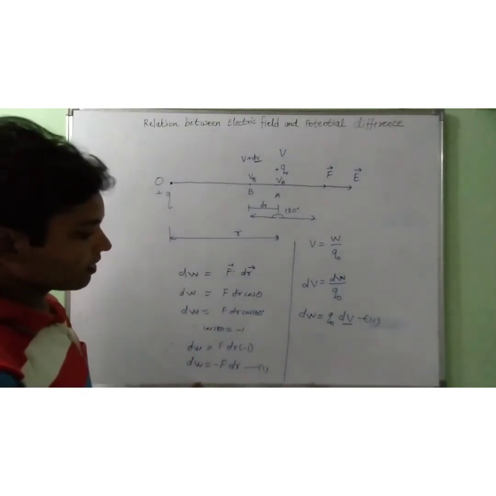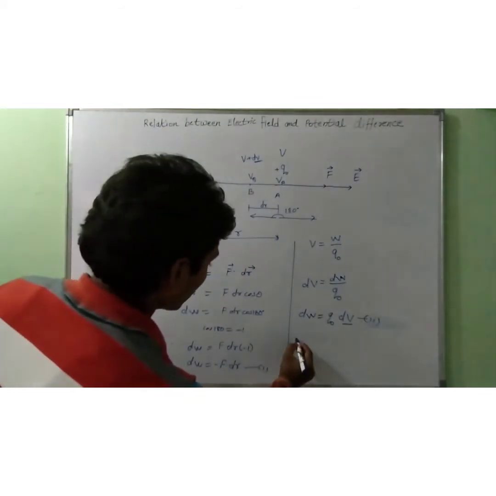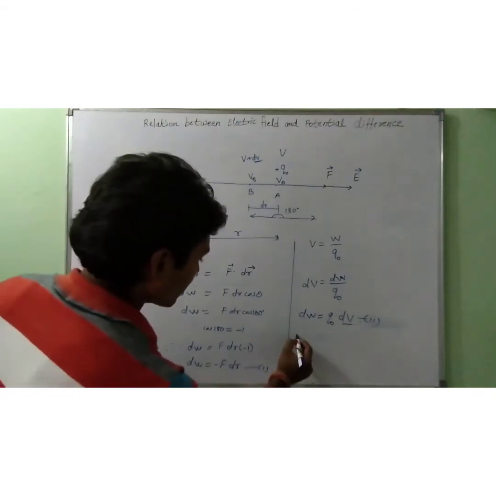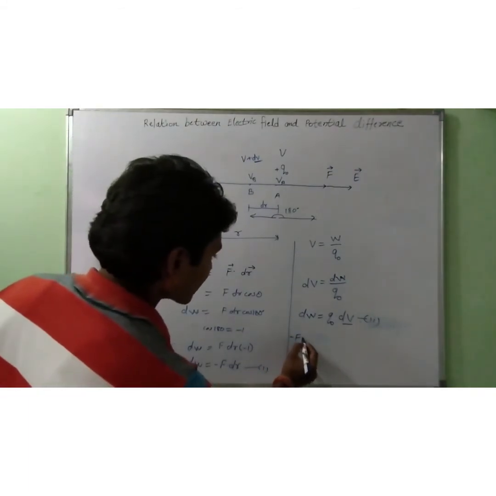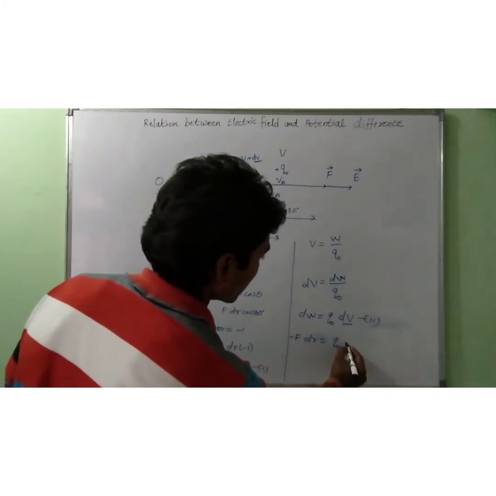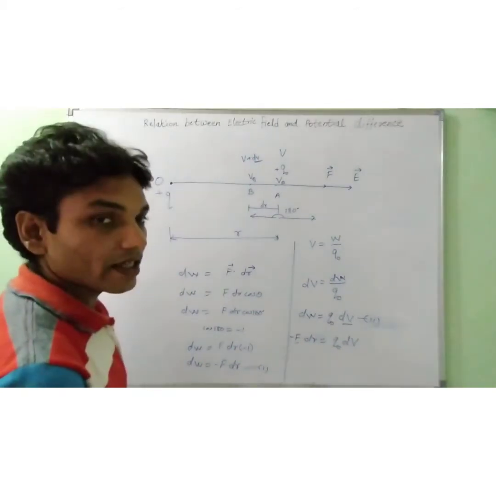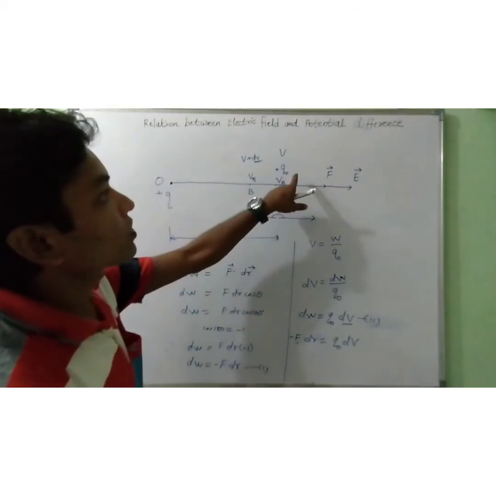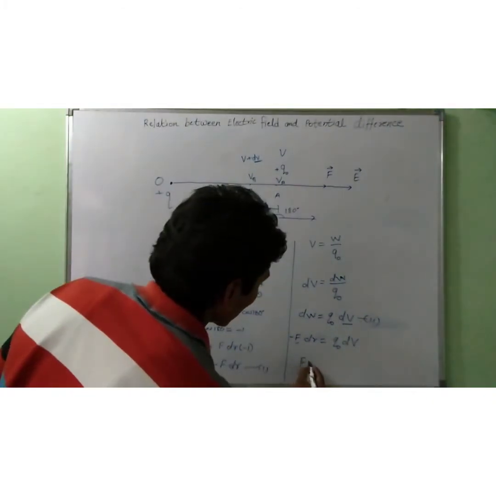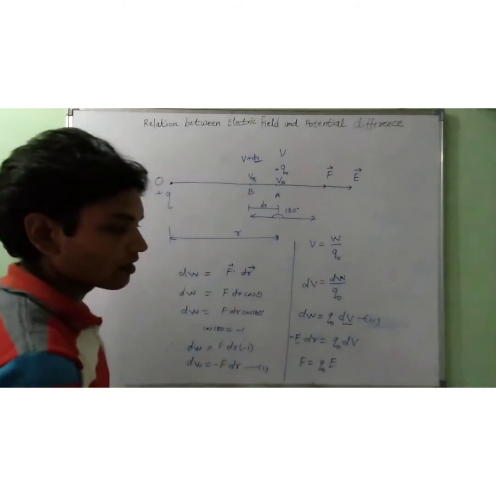From equation first and equation second, it is clear that minus F into dr will be equal to Q naught dV. F is the electrostatic force on the test charge, so it will be F equal Q naught into E.